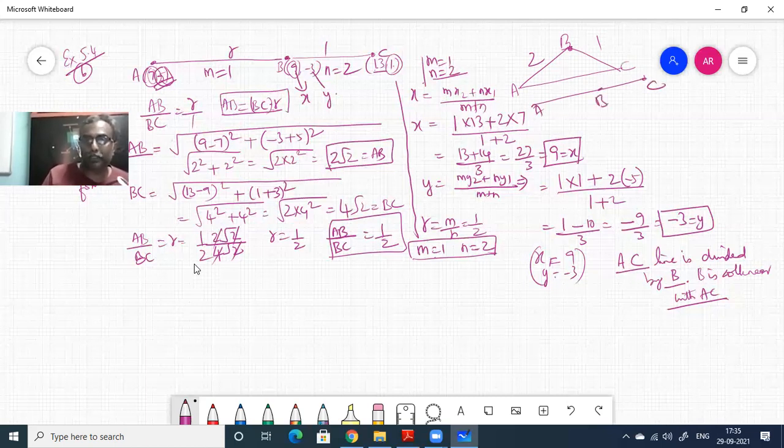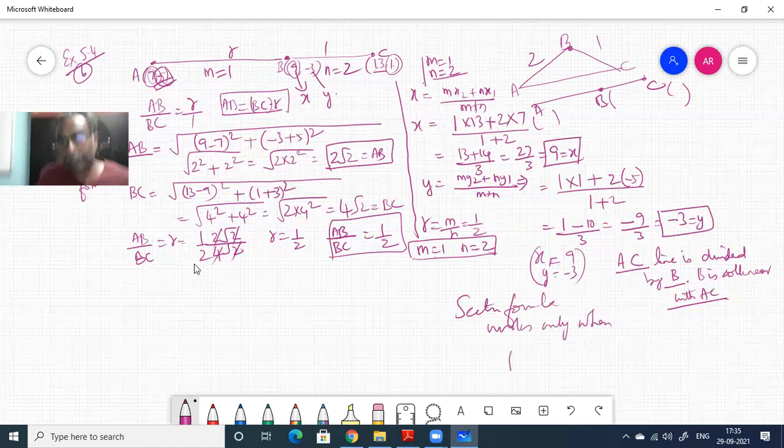For that, you use a section formula and you derive the values of B from the values of A and C. And you find that if you use section formula in the ratio 2:1, B is actually exactly coming as 9 comma minus 3, which means section formula is applicable. Section formula works only when points are collinear.